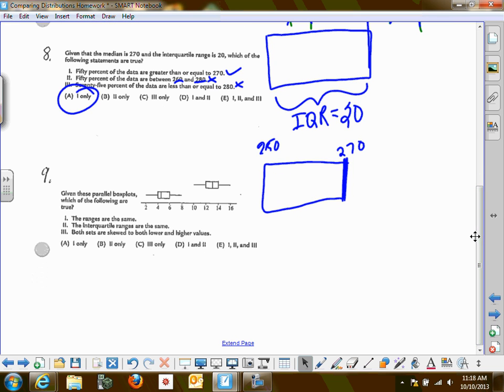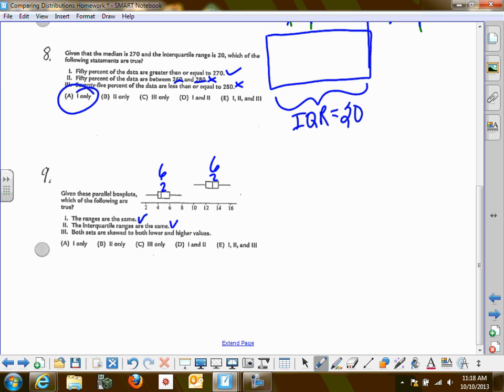Next, number 9. Given these parallel box plots, which of the following are true? Are the ranges the same? Yeah, they both have ranges of 6. How about the IQRs? Both of the IQRs are 2, so that's all good. How about this?